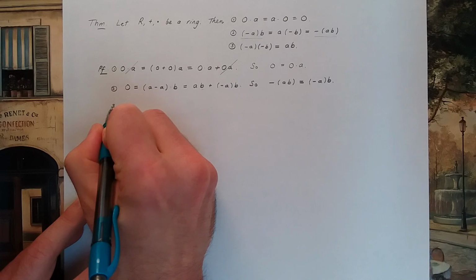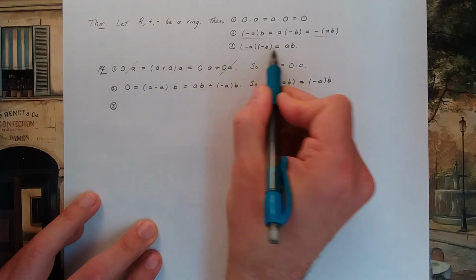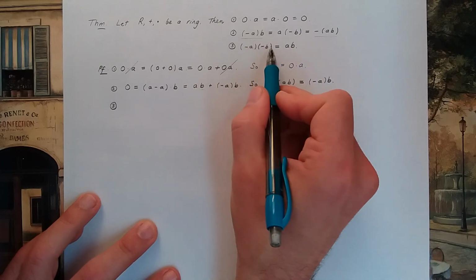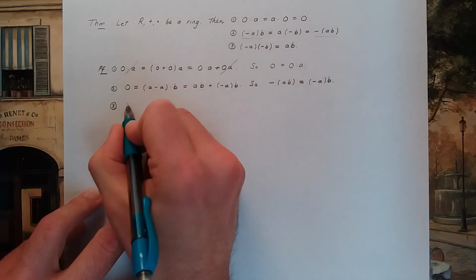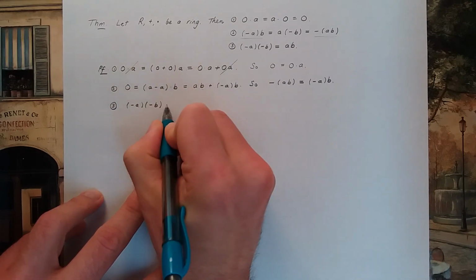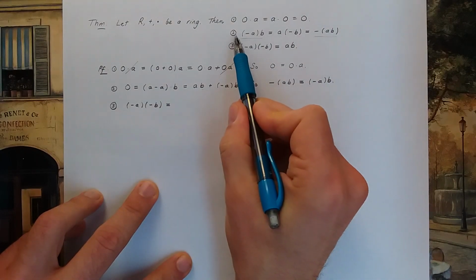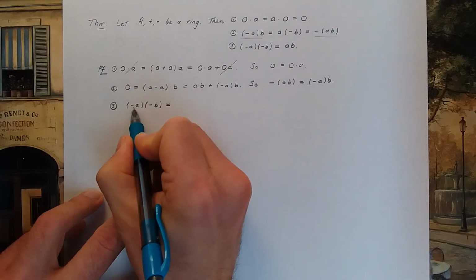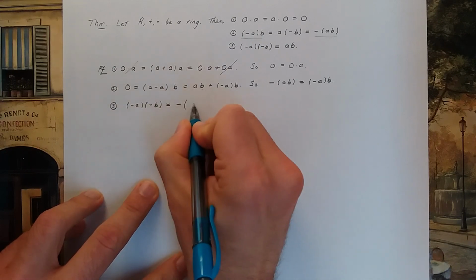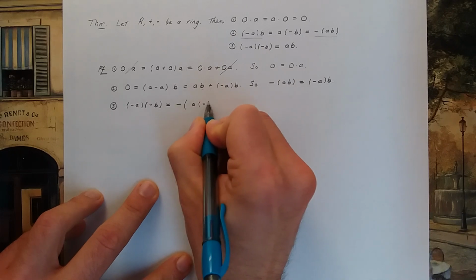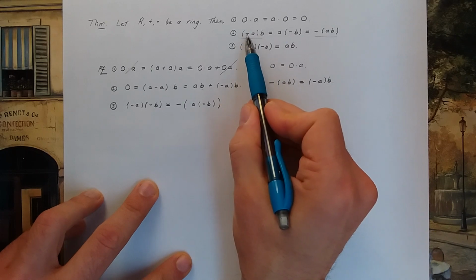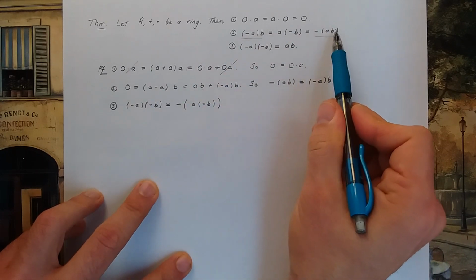And then why is the product of two negatives a positive? Why do two negatives cancel out when you multiply them? Well, negative A times negative B, using property 2, I have a negative on the A, so I could factor out the negative. So this is negative A times negative B. So I used property 2 with the negative on the A, factoring it out.